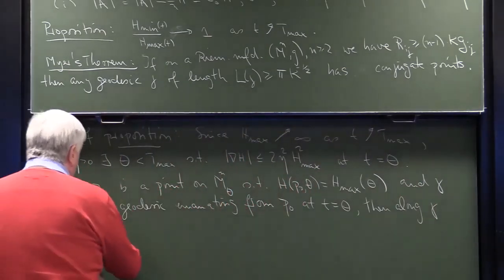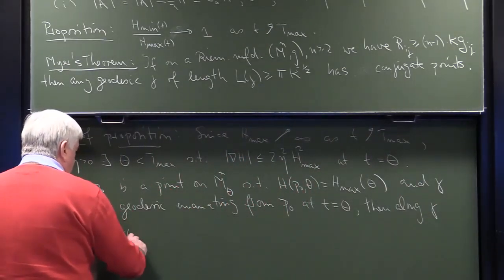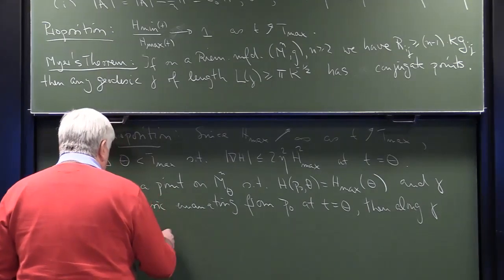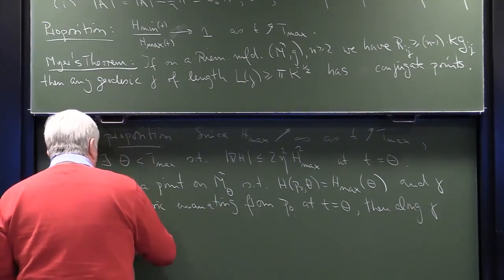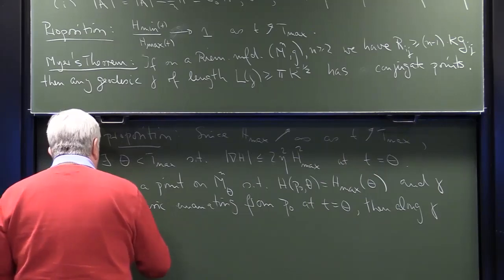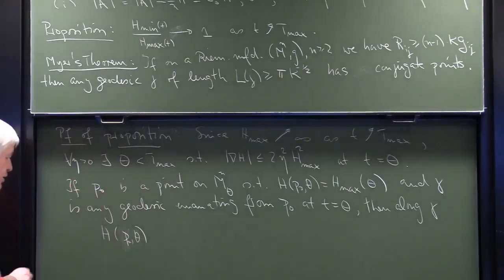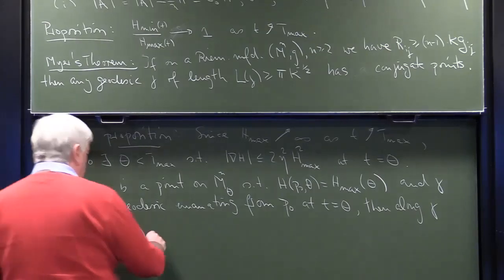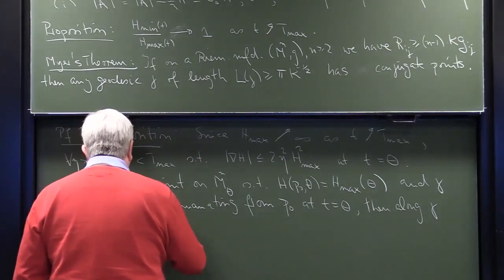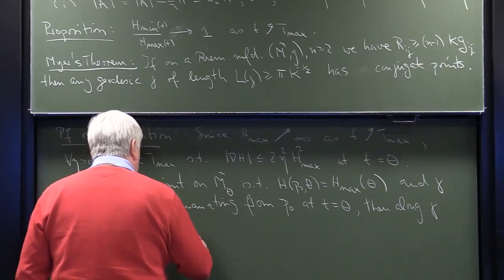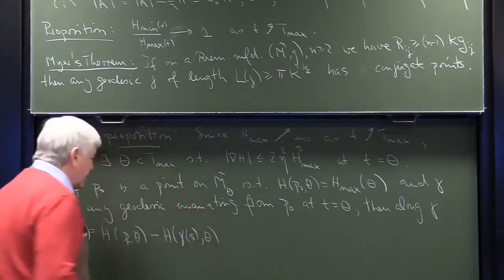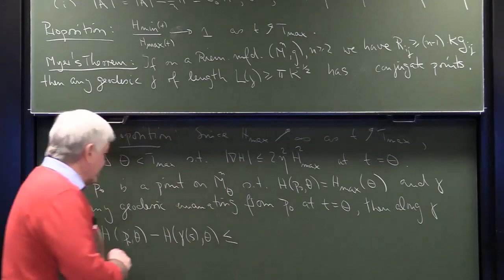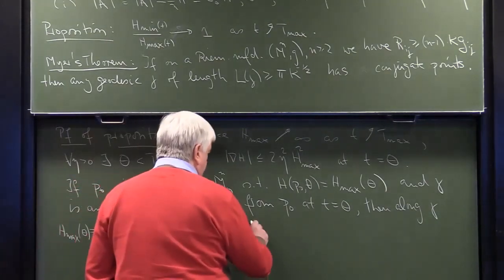we can estimate that the mean curvature at gamma of s drops off from the mean curvature at the start point, which is h max at theta, to the mean curvature at gamma of s of theta by at most this difference, which can be estimated by the fundamental theorem of calculus.